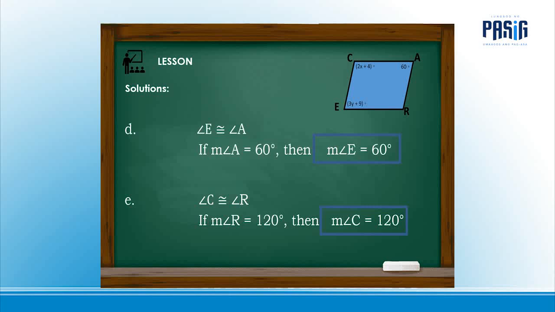Solutions for letter D to find the measure of angle E. Angle E is congruent to angle A. If the measure of angle A is equal to 60 degrees, then the measure of angle E is also equivalent to 60 degrees.